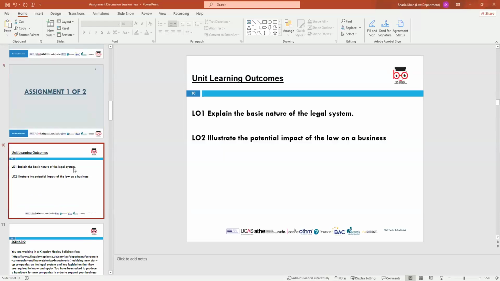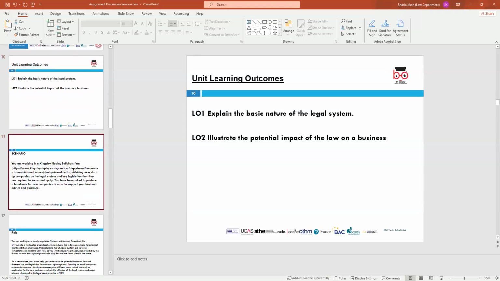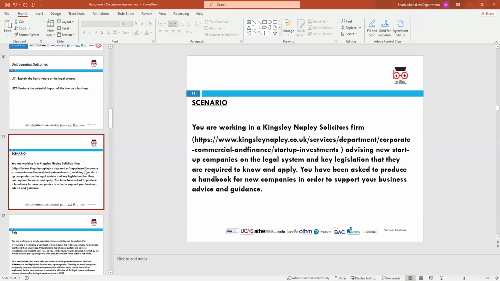So for assignment 1, you need to look at learning outcome 1 and 2. That covers it. So your scenario for assignment 1: you've got 2 assignments in this part, assignment 1 and assignment 2. So assignment 1, you're working in Kingsley Napoli Solicitors and you're advising new startup companies on the legal system and key legislation that they are required to know and apply.